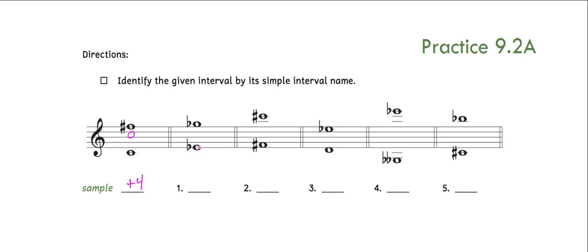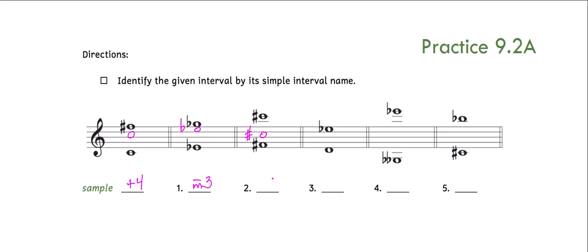Number 1. I'm going to move this E flat up an octave. E to G is a third. I know it's a minor third, so E flat to G flat is also a minor third. Number 2. I'm going to move the C# down this time to avoid those ledger lines.